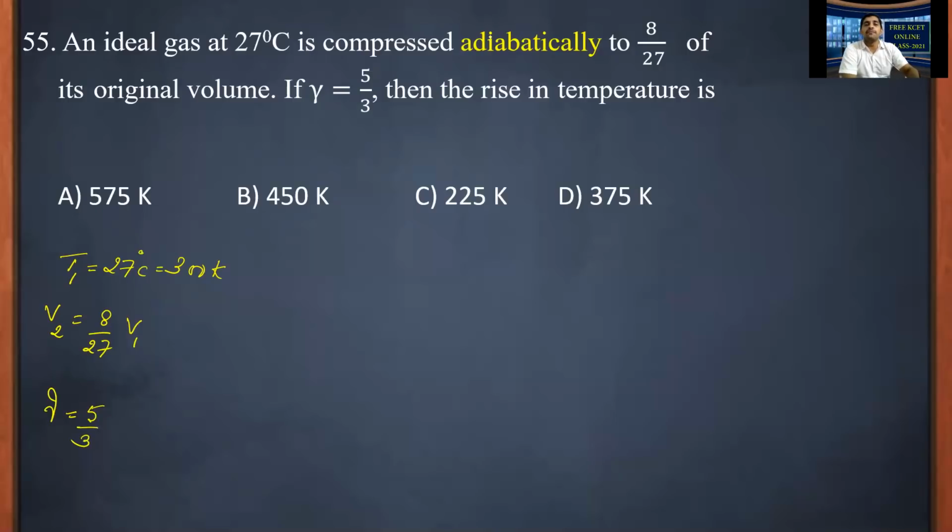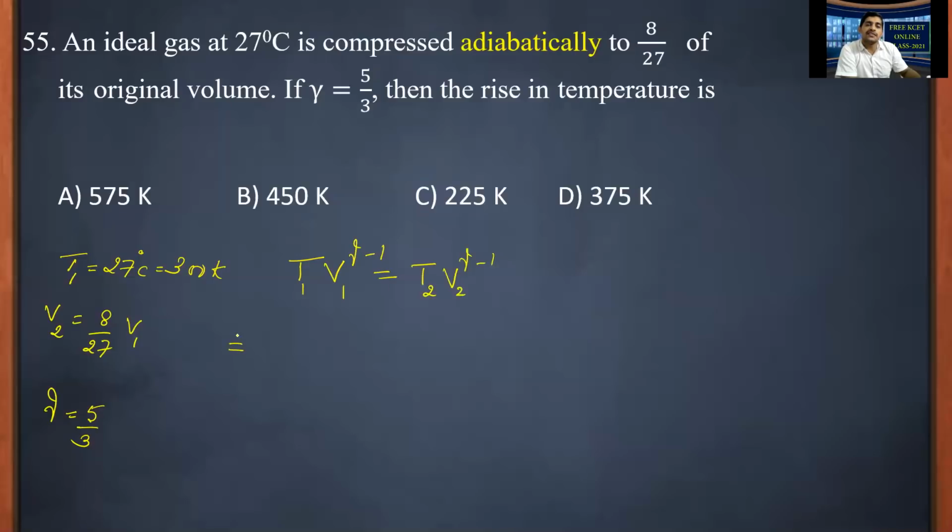Then the rise in temperature is, since it is adiabatically compressed, so during the compression temperature rises. The temperature is the one we are asked to find, and the volume is the given parameter. So better we can go with the TV relation. So TV raised to gamma minus 1 is a constant. So I can write T1 V1 raised to gamma minus 1 is equal to T2 V2 raised to gamma minus 1.